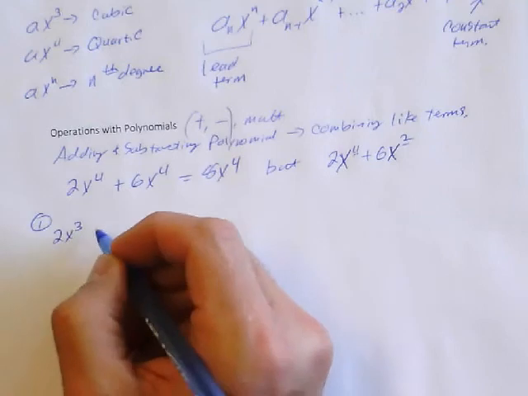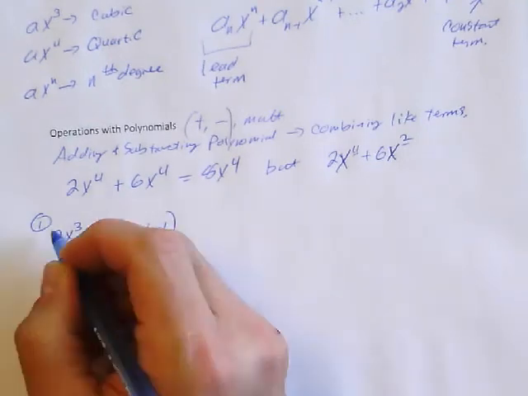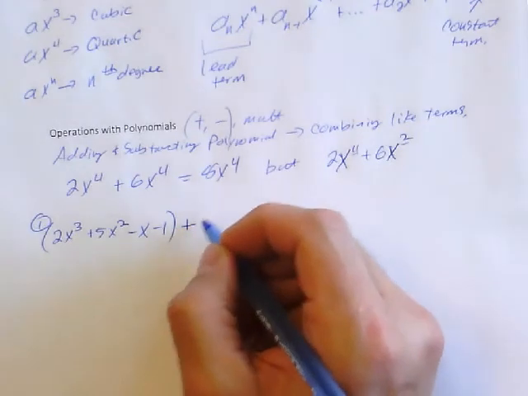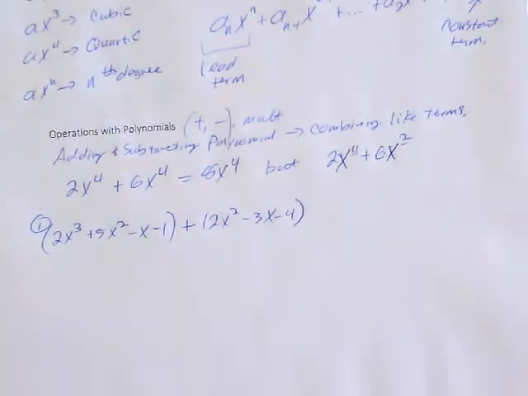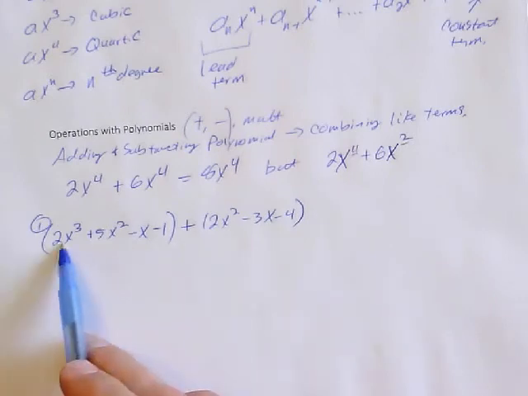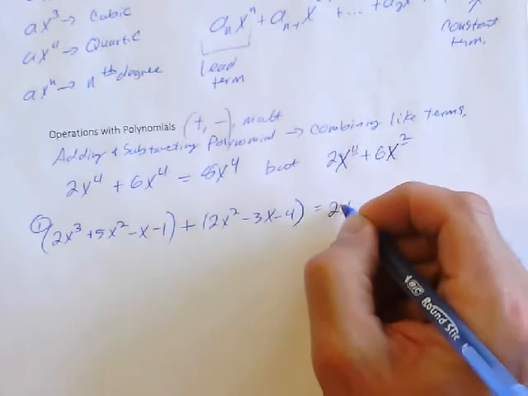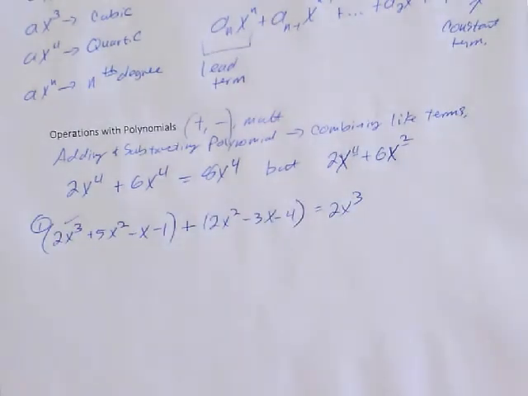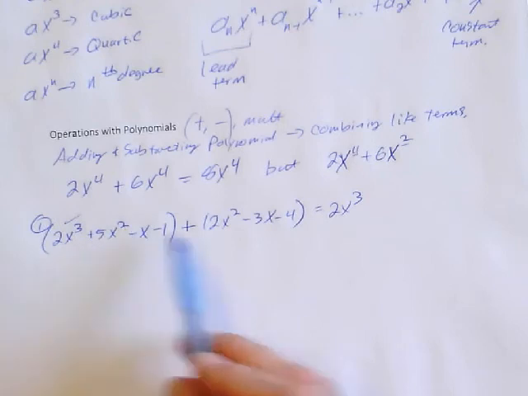So, that being said, if we have 2x cubed plus 5x squared minus x minus 1, and to this we wish to add 2x squared minus 3x minus 4, we would combine our like terms. Does 2x cubed have anybody to play with? No. 2x cubed.